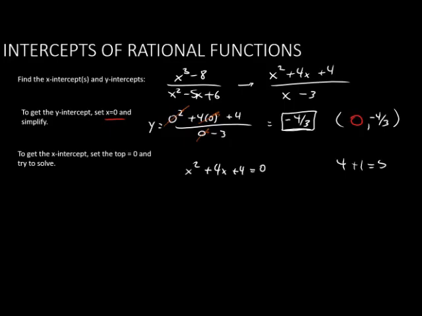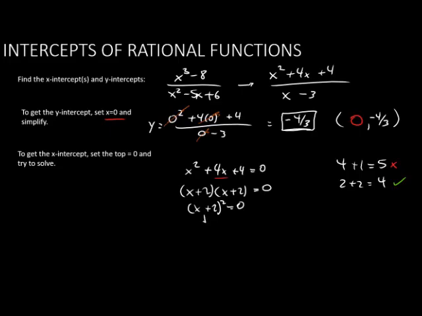But if we take 4 plus 1, that's 5, and that's not a match for the middle number because we want positive 4x. Therefore, we must use 2 plus 2. 2 times 2 would give you 4, and 2 plus 2 would also give you 4. That's a match for the middle number, and so we'll factor this into x plus 2 times x plus 2. We may also write this as x plus 2 squared if you wish.